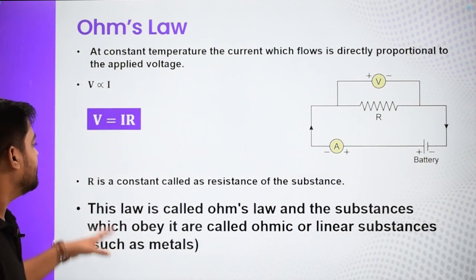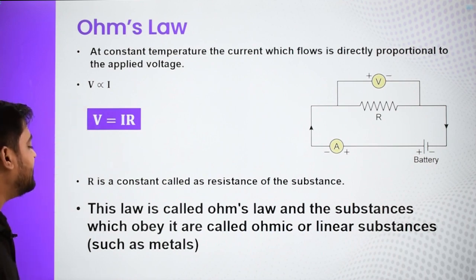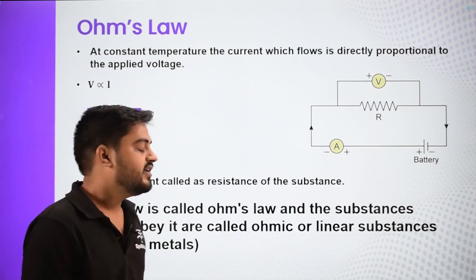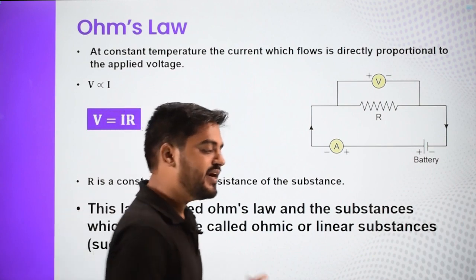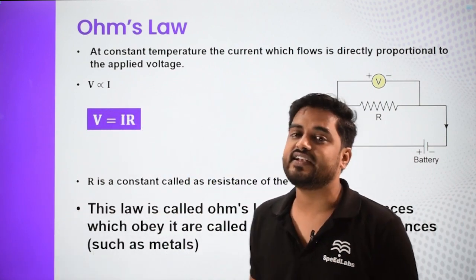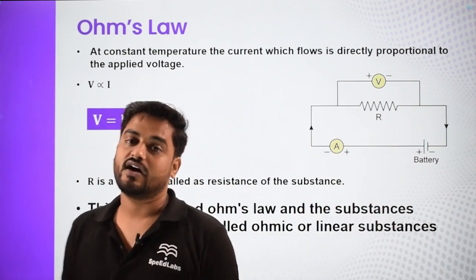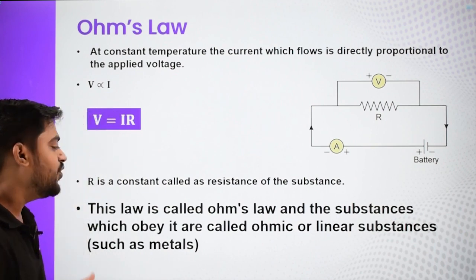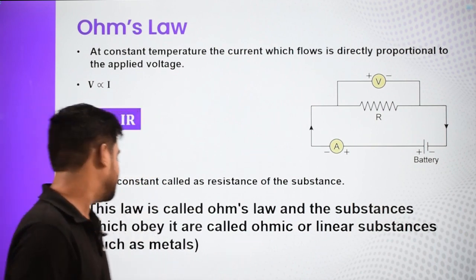This V is equal to IR is the mathematical statement of Ohm's law, and if any material follows Ohm's law, it is called ohmic. Otherwise, it is called a non-ohmic substance.